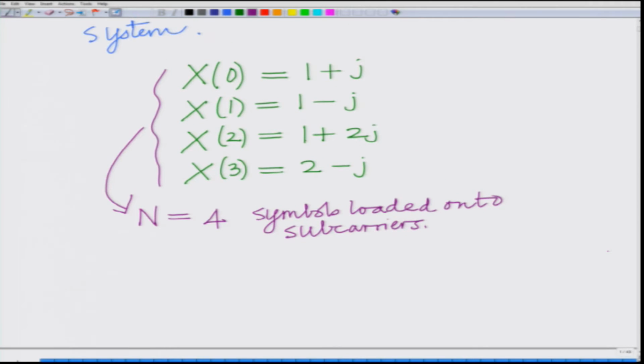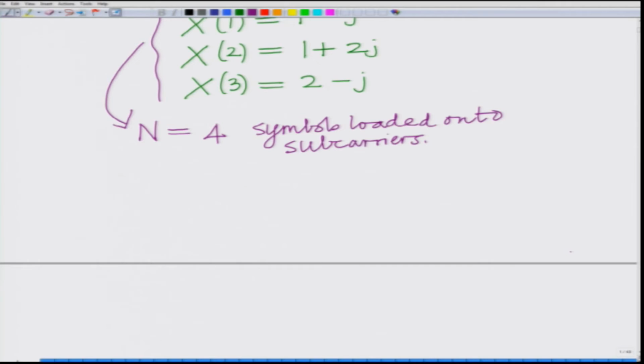So we have capital X0, X1, X2, X3, which are the 4 symbols loaded onto the 4 subcarriers. Now we want to generate the samples in the time domain, and remember the samples in the time domain are generated by the N equal to 4 point IFFT.